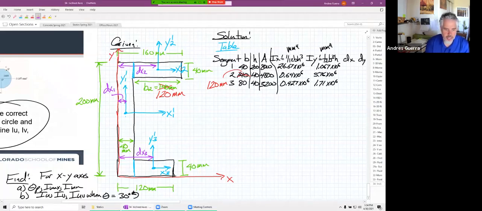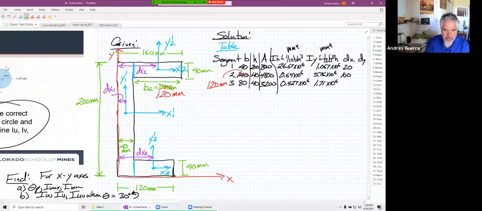So dx for segment 1 is going to be 20. Dx for segment 2, isn't that going to be equal to 40 plus half of 120? Right there, so 60 plus 40 is 100. Dx for segment 3 is going to be 40 plus half of this b.